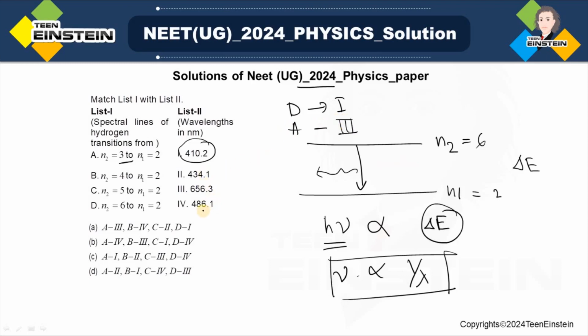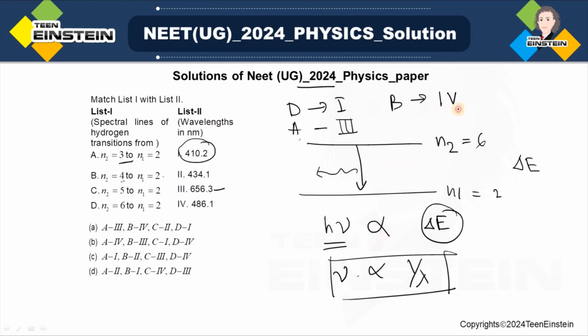Okay. Then just after this one will have this wavelength. That means the gap will be this one. See, n is equal to 2 to this gap. So there will be gap 2. So B will be matching with 4.